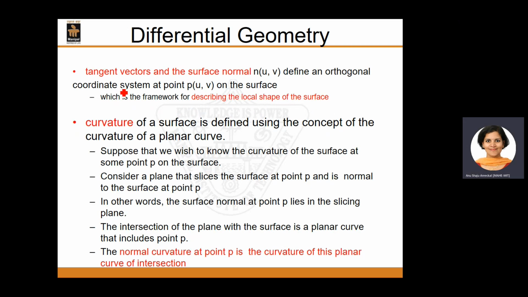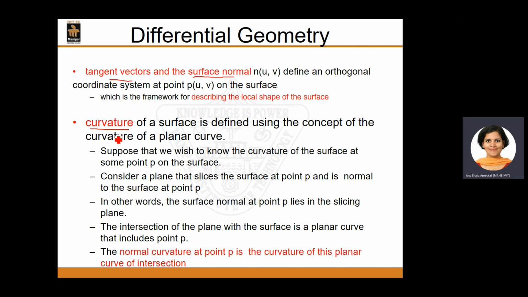These tangent vectors Pu, Pv and the surface normal N(u,v) together describe the shape of the surface. While describing the shape of the surface, what we are trying to find out is how much the surface curves.